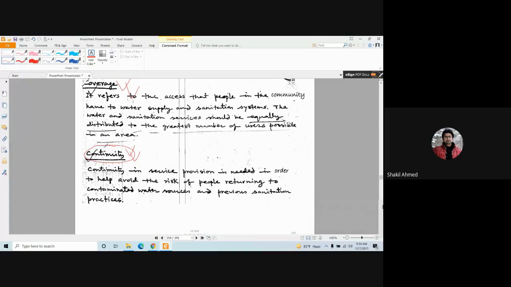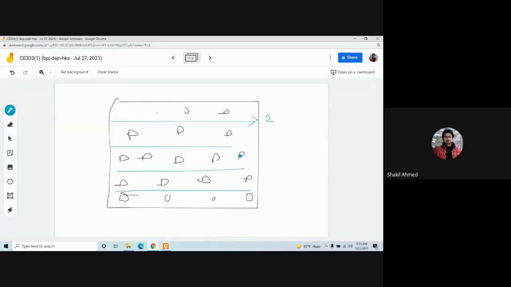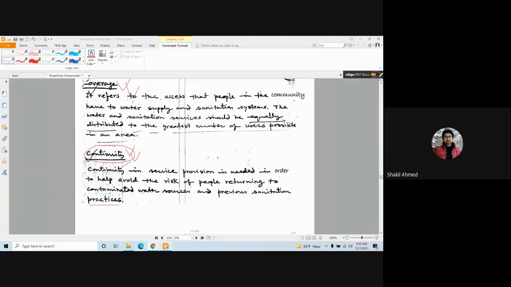That means your water supply is not continuous. Continuity in service provision is needed in order to help avoid the risk of people returning to contaminated water sources and previous sanitation practices, which are not hygienic. That means you have to supply the water for a certain duration which is acceptable and reasonable.